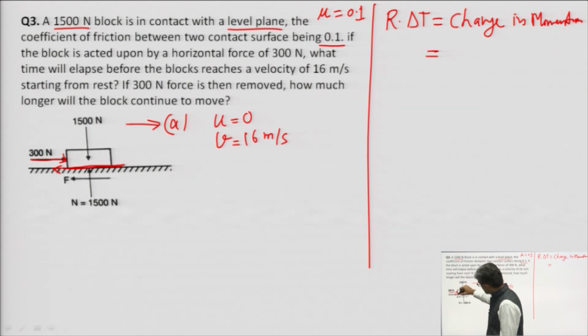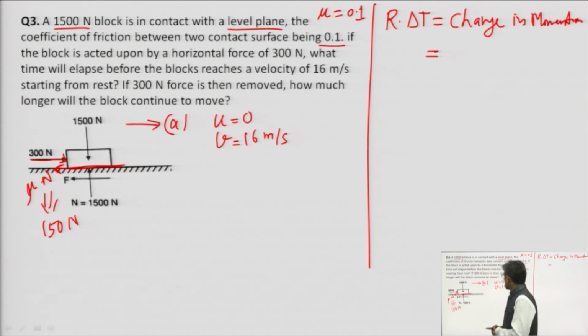Since the weight is this one, the normal reaction is this. So, the friction force is mu into N, and the value of mu is 0.1, so it is 150 Newton. So, the force causing motion is simply 300 minus this one.